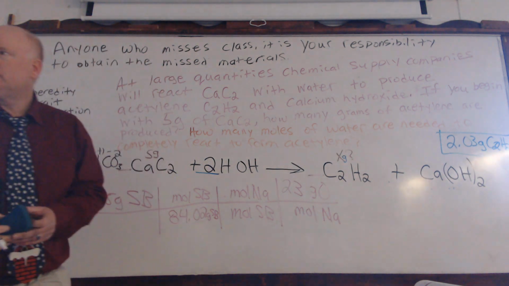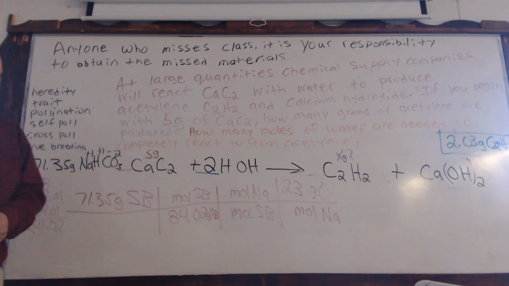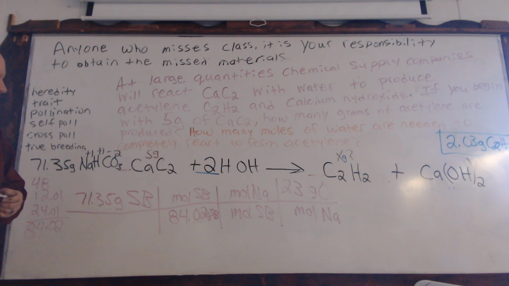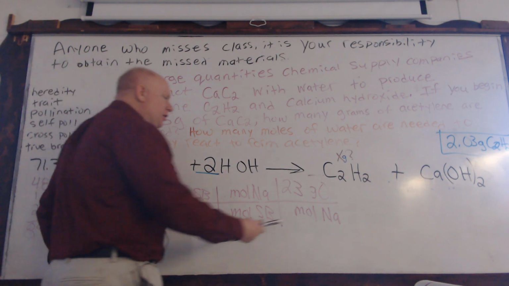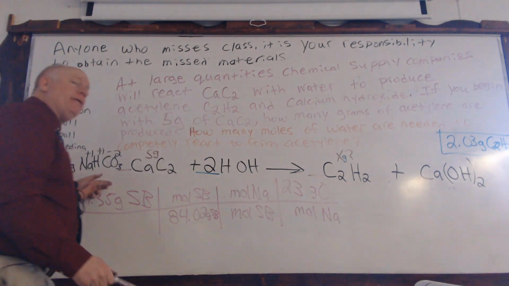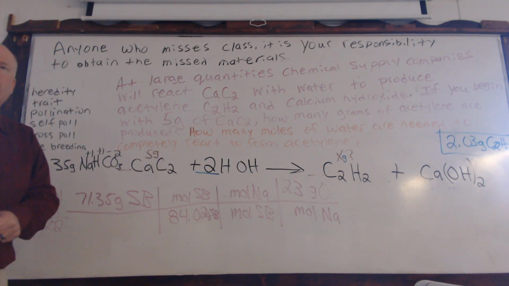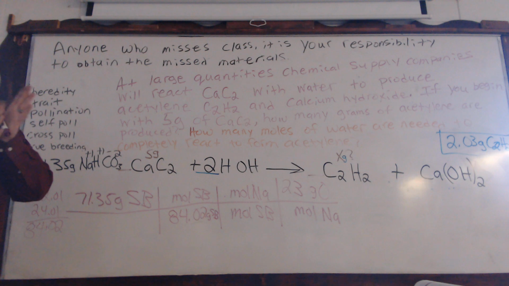Hey, when you get a number, like when you solve it all the way out, don't you have to go back and divide that by the 71.35 for the percent of it? Or no? Does it say percent or does it say how much? Percent composition. Oh, right. So then with every answer you get, you divide it by 71.35. Yes, that's right. I'm sorry, I thought it said how many grams of each element are in the compound.